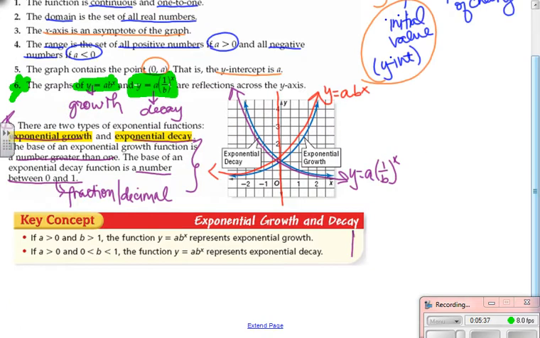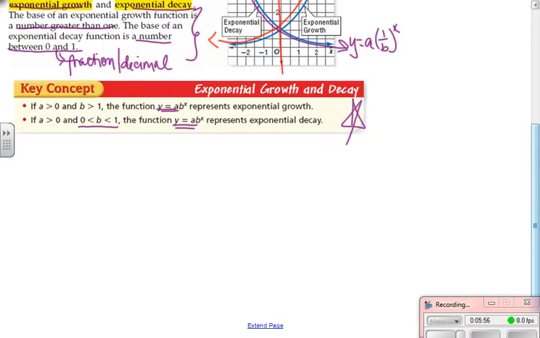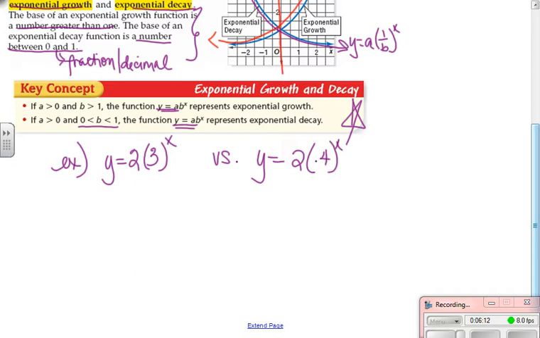So in summary, here we go. If a is greater than 0 and b is greater than 1, the function y equals ab^x represents a growth function. If a is greater than 0 and b is that fraction or decimal between 0 and 1, then this same base graph becomes a decay function. So for example, y equals 2 times 3^x versus y equals 2 times 0.4^x.